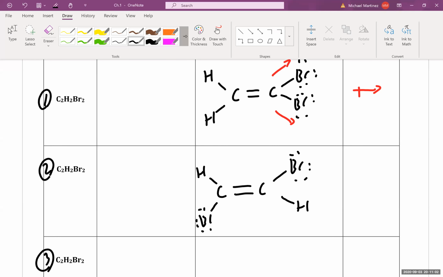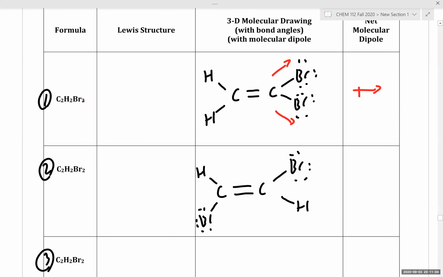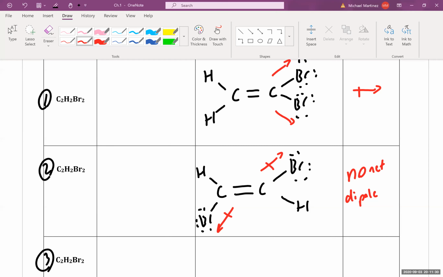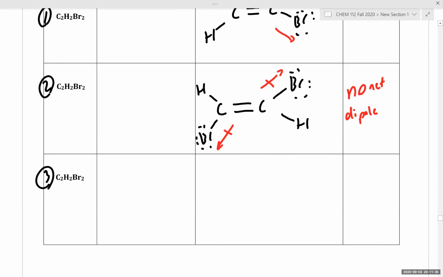So even though our dipoles are not associated with bonds to the same atom, as we can see, our two dipoles are identical in magnitude and opposite in direction. So we have no net dipole, because it's a symmetrical arrangement of polar bonds. We'll see a lot more examples like number 2 later on in this chapter.